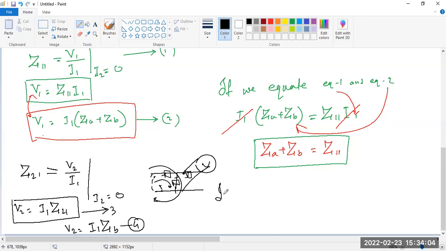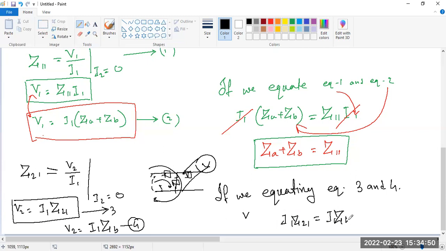If we equate equations 3 and 4, then we get I1 Z21 equals I1 ZB.